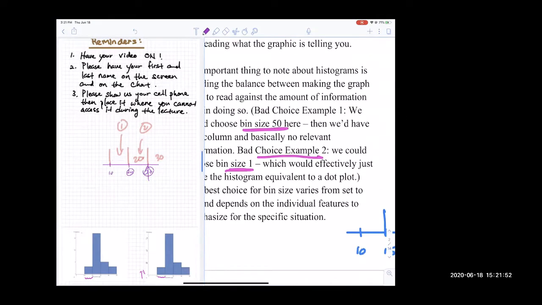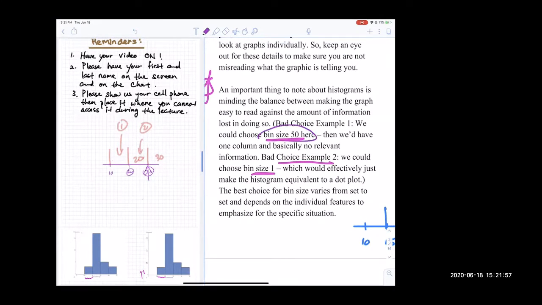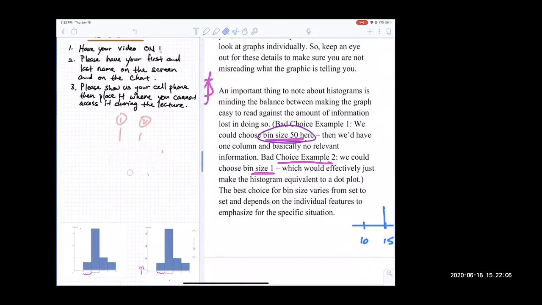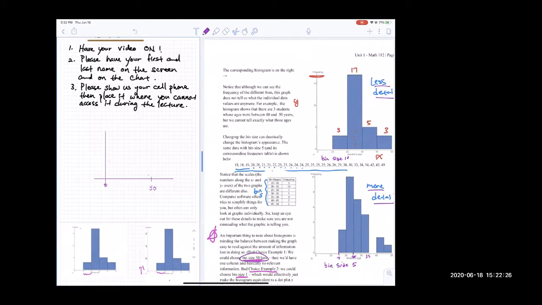this is a bad choice for setting your bin width. We don't want to set our bin size to be 50. That's useless. If you set the bin size to be 50, say this is 0 and this is 50, how many students of this raw data fall into 0 to 50?